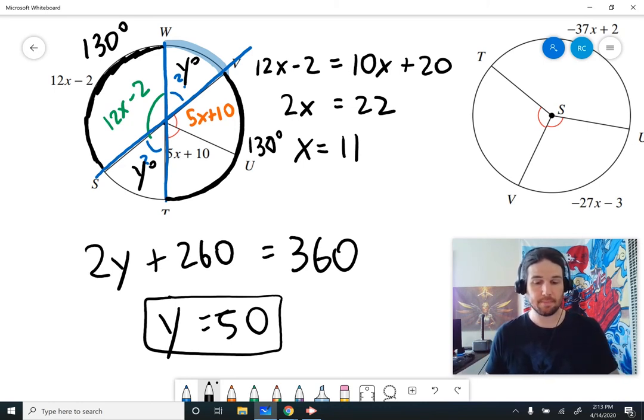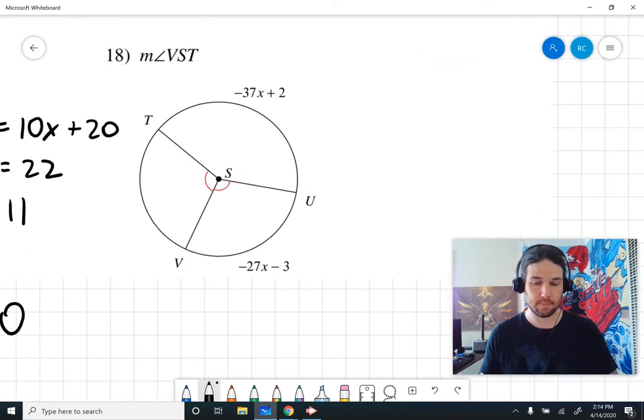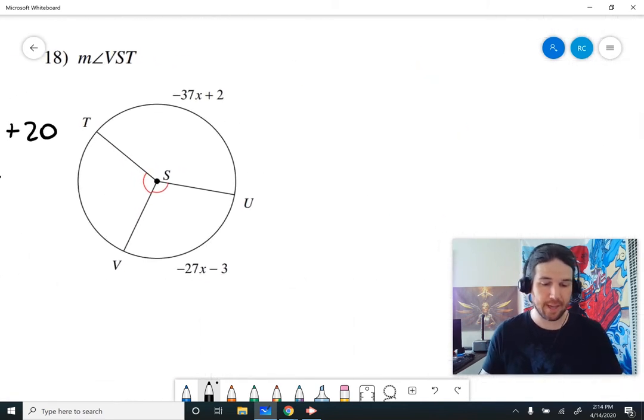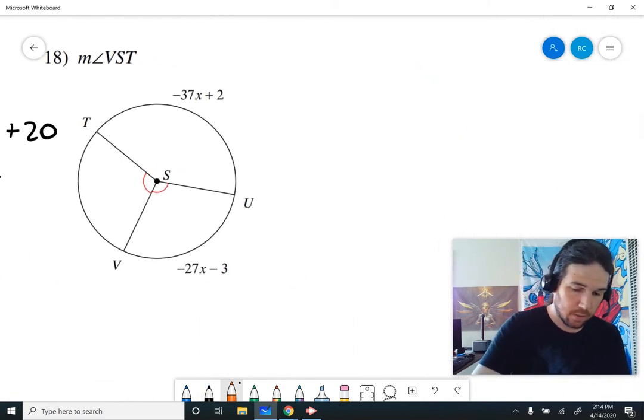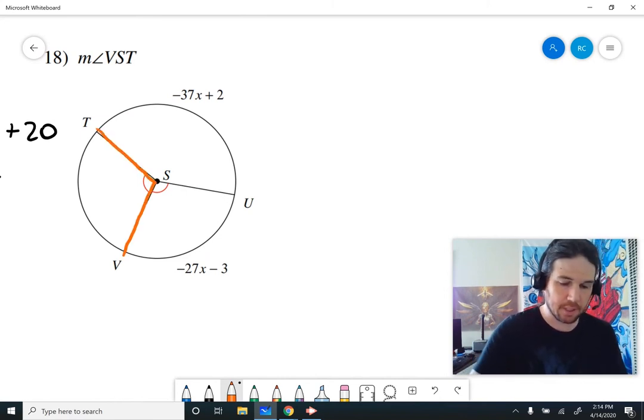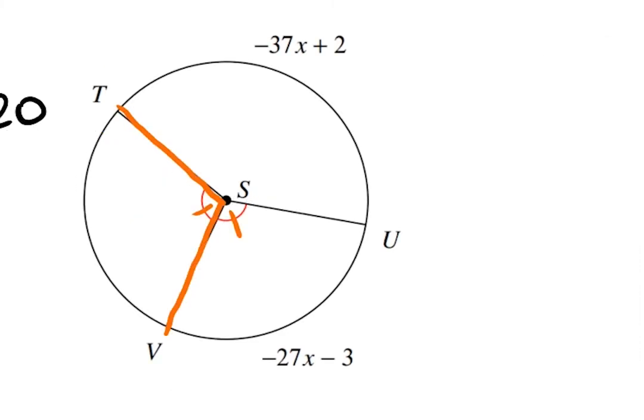All right, last one. We want the measure of angle VST, which is this angle right here. It happens to be congruent to this other angle, VSU, which means that this arc TV is also negative 27x minus 3.